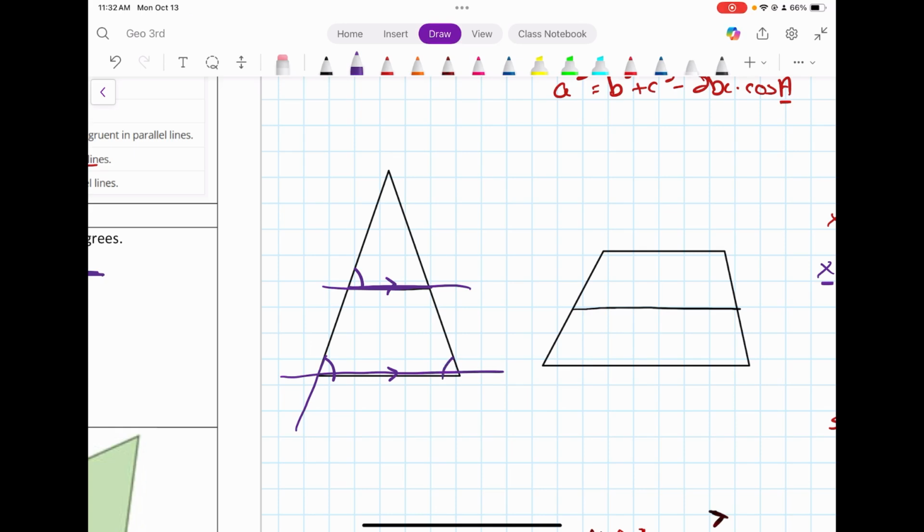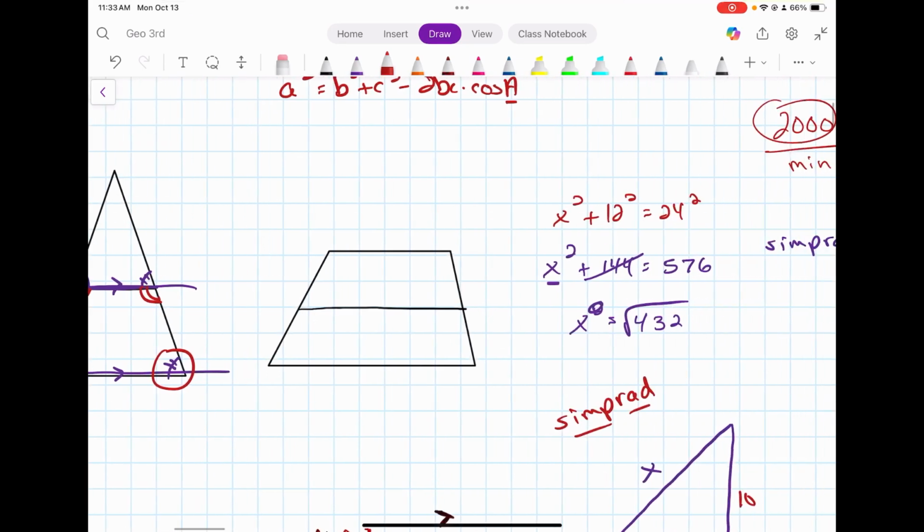These two angles here would also be corresponding angles. We see that this angle and this angle would be same side interior angles, so they would add up to 180, and also this angle and this angle would be same side interior and add up to 180.